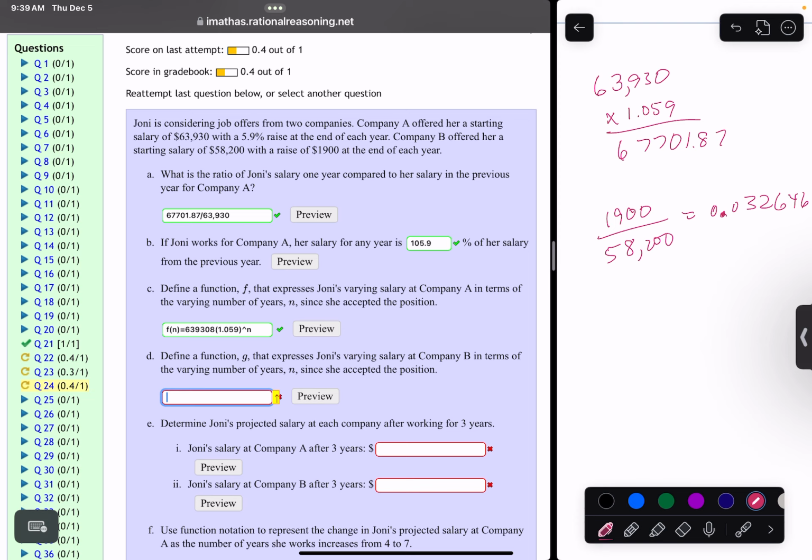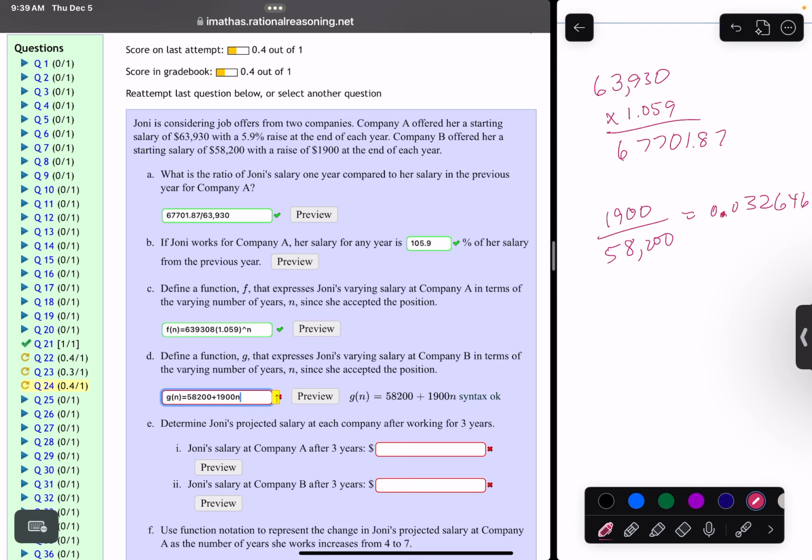And so this time our function is g, and g of n would be the starting 58,200 plus 1,900 every year. So our years are n.